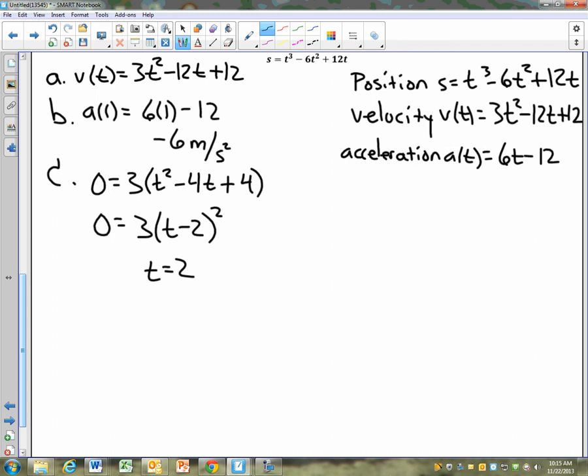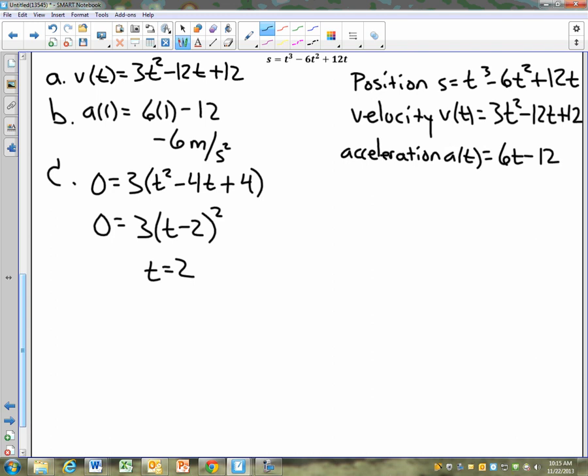What does that mean? Zach brings up a really good point here. Ultimately, he's incorrect. But Zach sees that the velocity is equal to 0 at time equals 2. What do you notice? How many solutions are there at 2? It's a double.